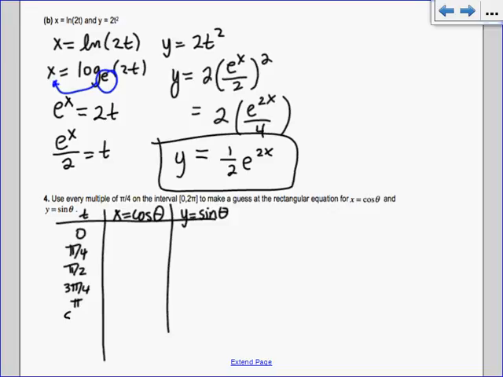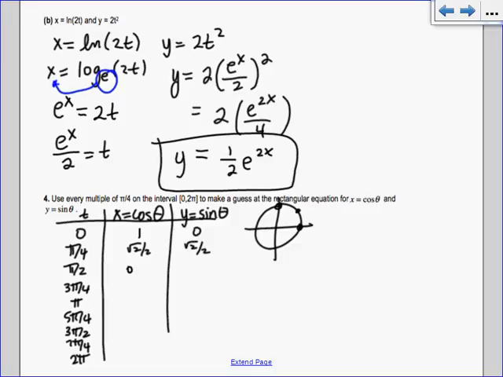And then I'm going to have 5 pi over 4, 6 pi over 4 is 3 pi over 2, 7 pi over 4, and 2 pi. And you can think about the unit circle as you're doing this. So you can think, okay, if I plug in 0 for theta, I get a cosine value of 1, a sine value of 0. If I have pi over 4, I'm going to have root 2 over 2 and root 2 over 2.